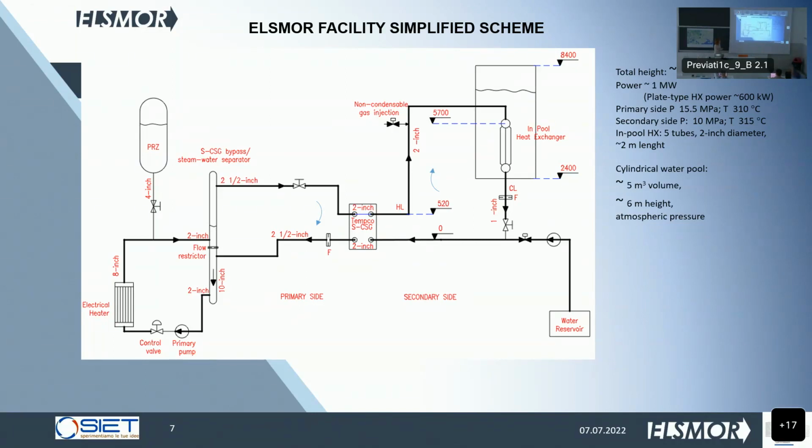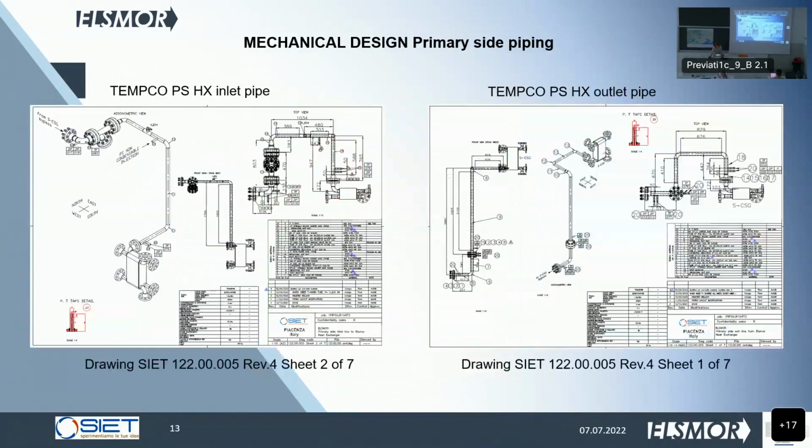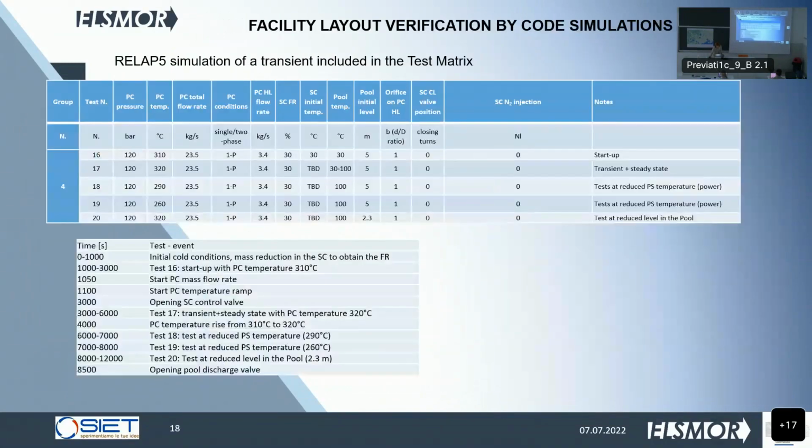So these artificial pressure drops in the loop have been inserted to have an adequate flow rate. This is the reason why we have the total flow rate in the primary side and the flow rate that enters the heat exchanger.